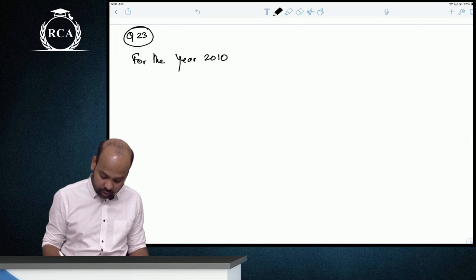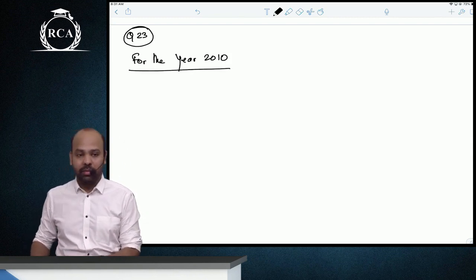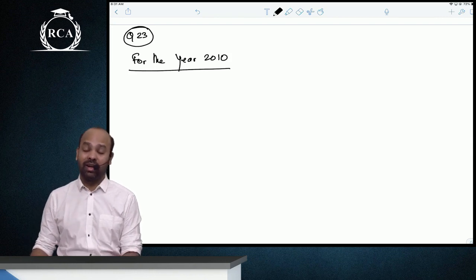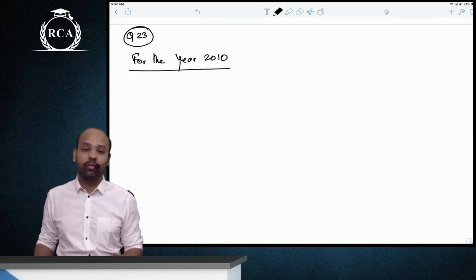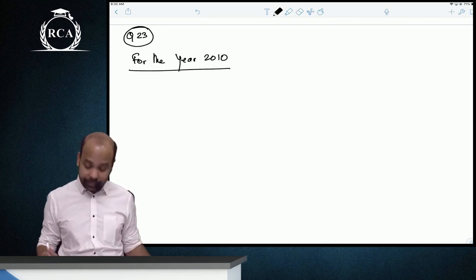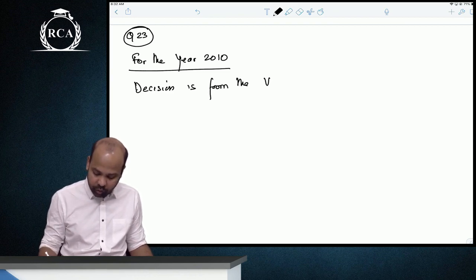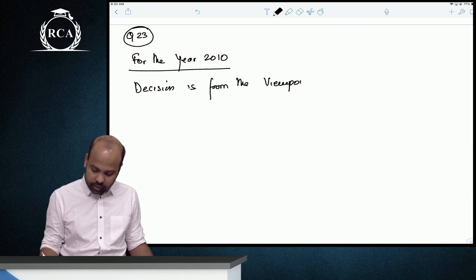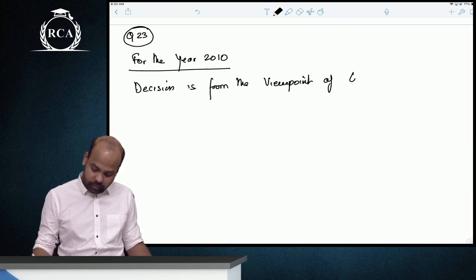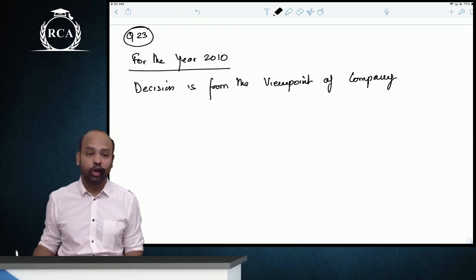One thing to understand for the year 2010: is the decision from the viewpoint of the company or from the viewpoint of division A? The decision is from the viewpoint of the company.